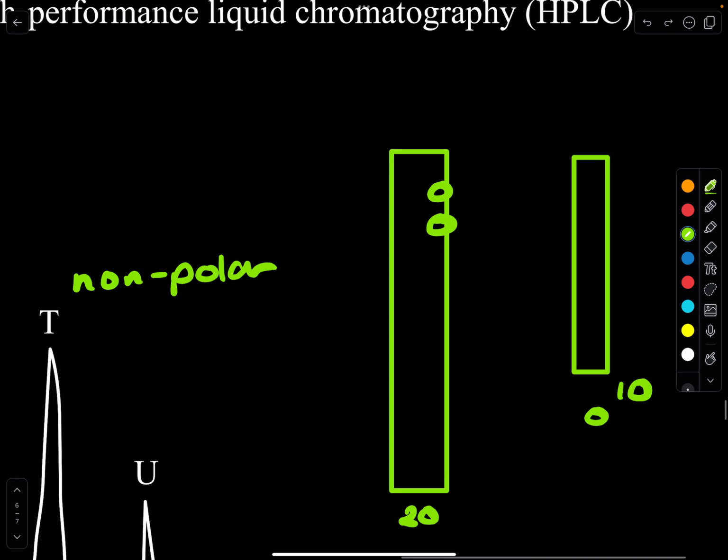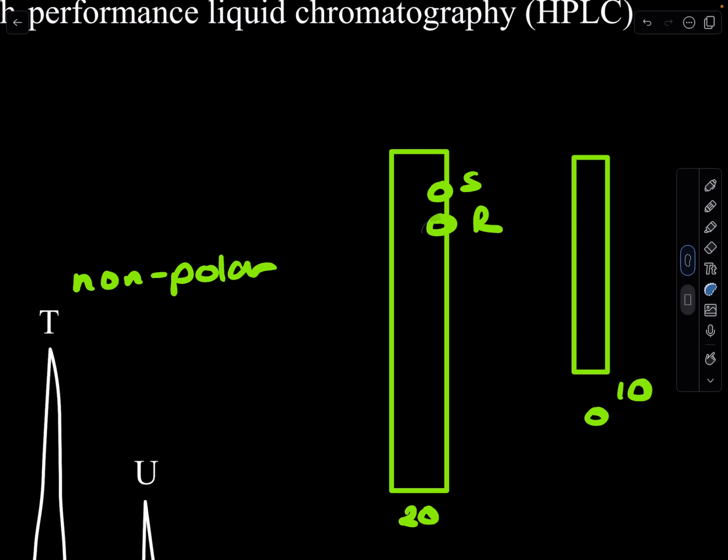So imagine this here is S and this here is your R. S will be slower. A large column length is good because it gives them more time to separate. S is a little bit slower, but R is a little bit quicker because it's less polar.